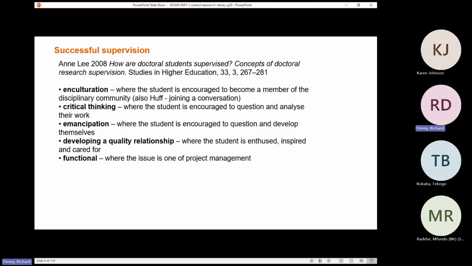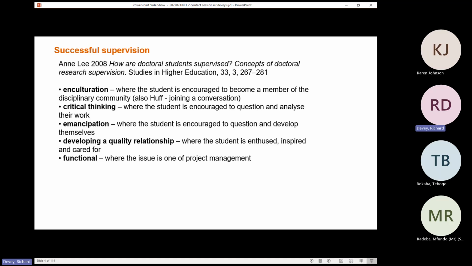The first area is referred to as enculturation, where the student is encouraged to become a member of a disciplinary community. And that fits also with Huff, and I think I need to find that chapter for you, where Huff refers to the student joining a conversation to make it less intimidating for them to join the academic community.